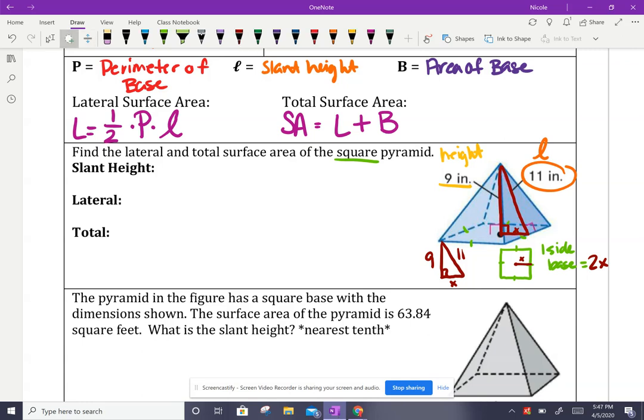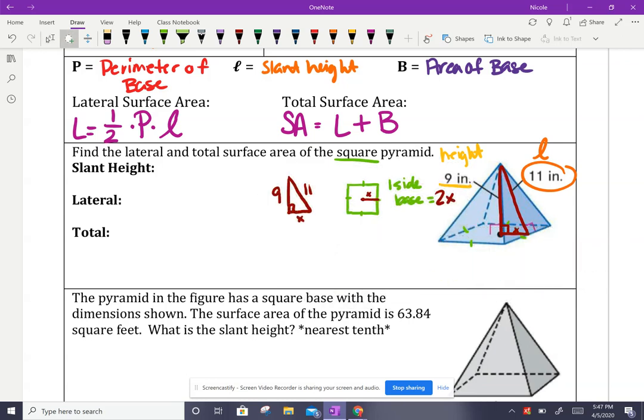And I'm going to move this information. Sorry, guys. Otherwise, it won't make sense in the order that I wrote it in. So I'm going to move that over here. There we go. So now with Pythagorean theorem, I have 9 squared plus x squared equals 11 squared. I find out that x is root 40.